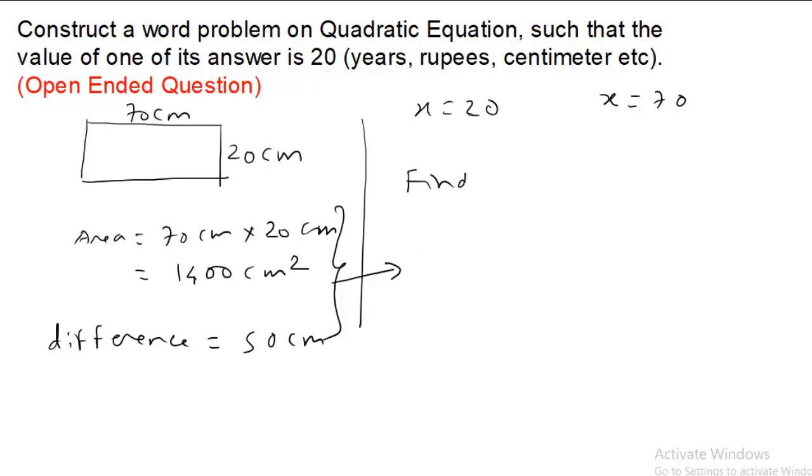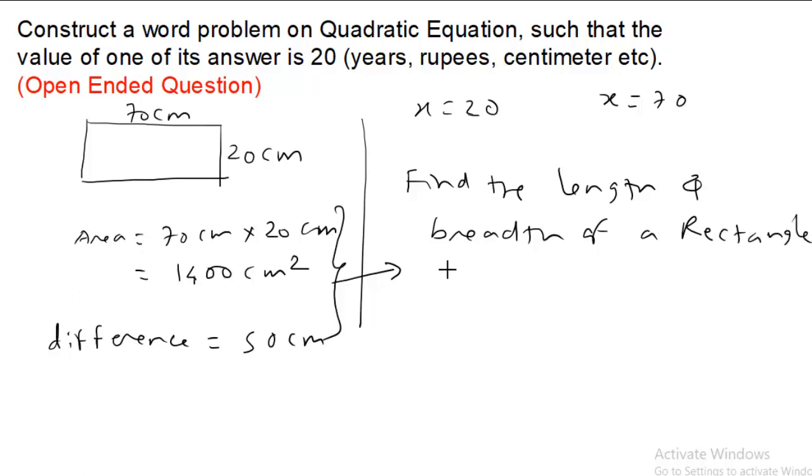Find the length and breadth of a rectangular field, or rectangle, we can say rectangle, such that its area is 1400 centimeter square.